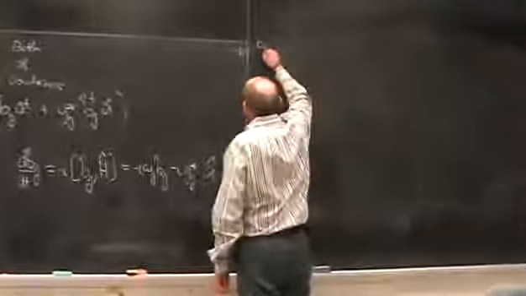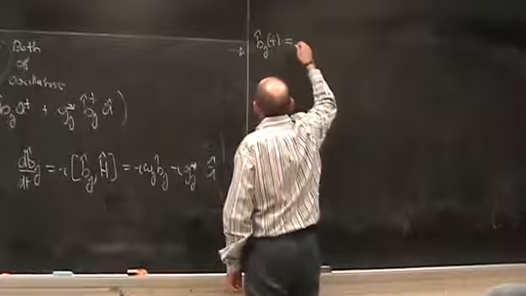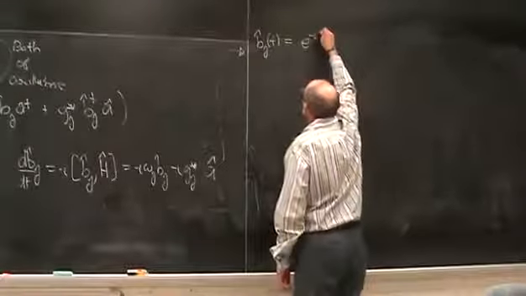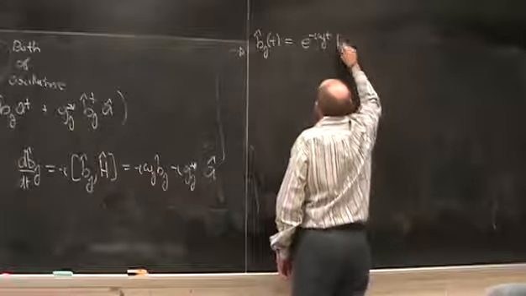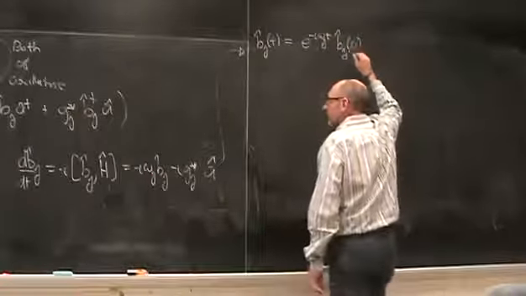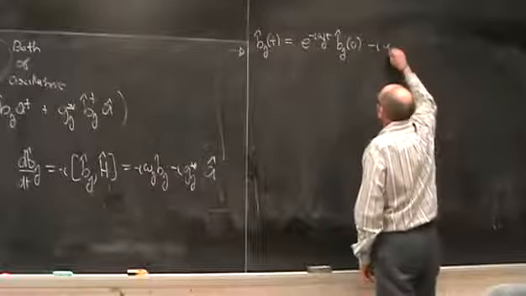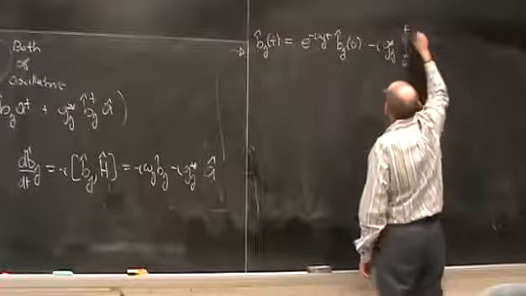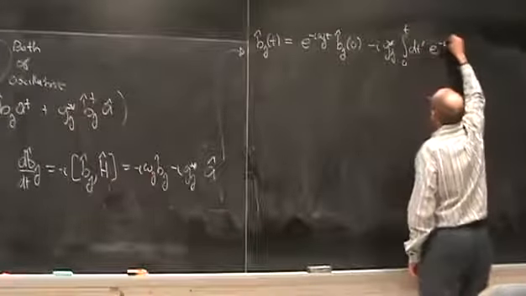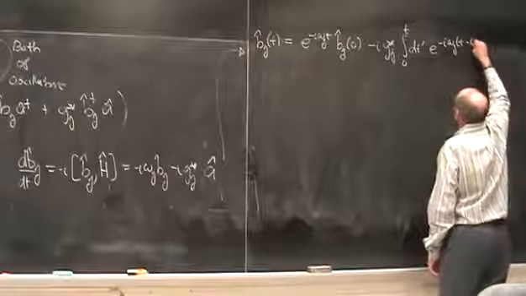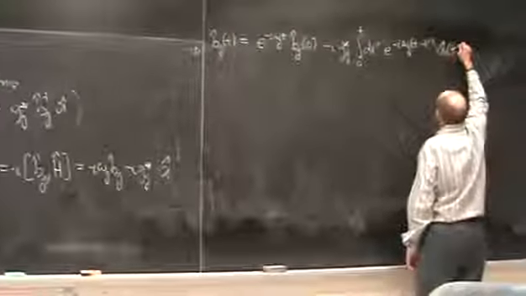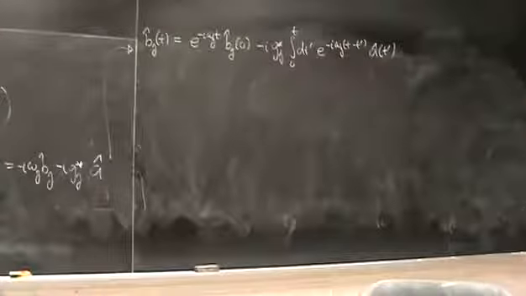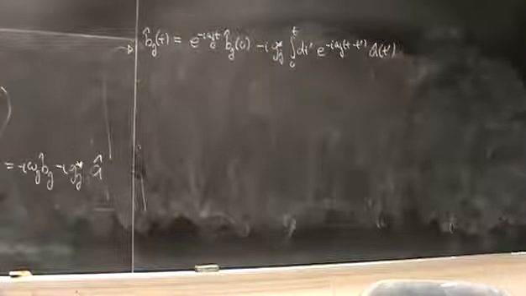It says that b_j at t is equal to e to the minus i omega_j t b_j at 0, minus i g_j star integral from 0 to t dt prime e to the minus i omega_j (t minus t prime) a hat of t prime. That's again using a Green's function. Take the derivative, you'll see that works.